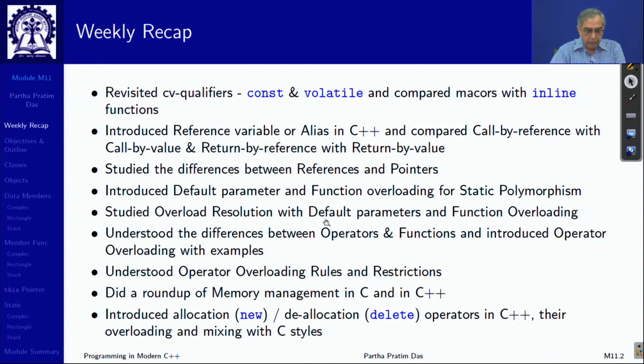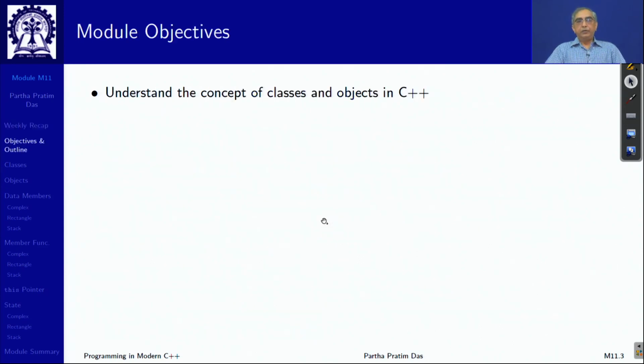So, we will move on from today to introduce C++ as an object oriented language. I am sure you all have heard about C++ in the context of object oriented programming, and that is one of the motivations you are attending this course.